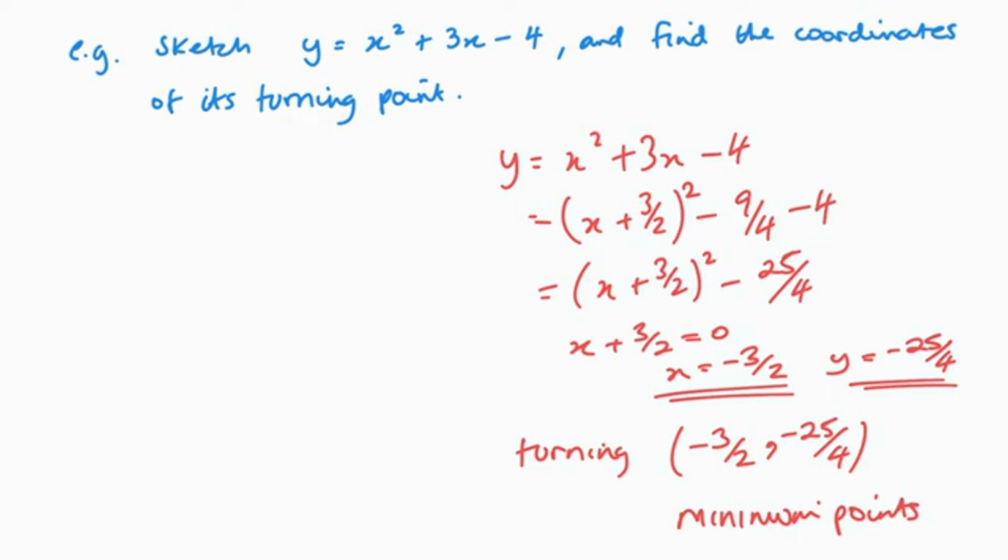Now, let's have a look at my sketch. So, it doesn't have to be a perfect sketch. It's all about, though, the shape and the correct values. So, minus 3 over 2 is minus 1.5. 25 over 4, that's minus 6 and a bit, 6 and a quarter.